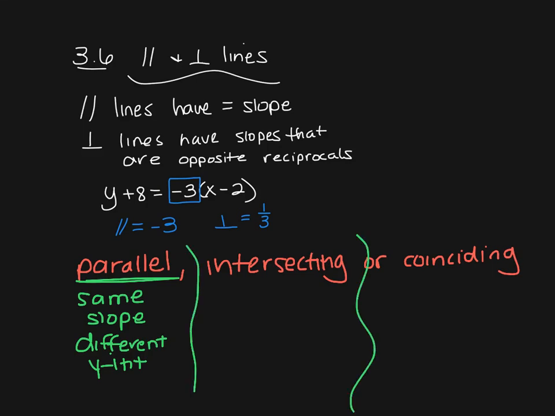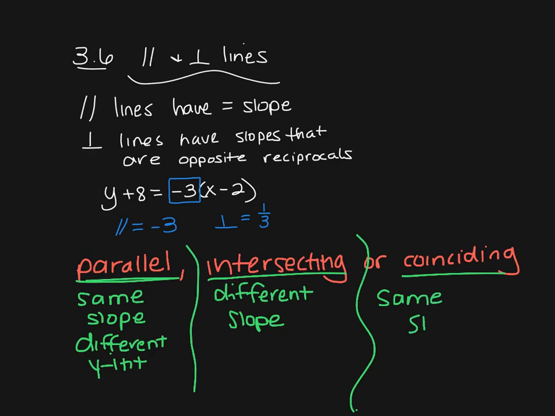Intersecting would be a different slope, because as long as they weren't the same slope, they would eventually intersect. And coinciding would be the same slope and the same y-intercept.